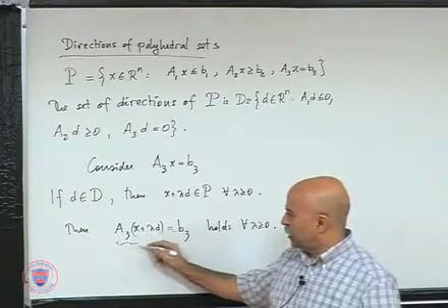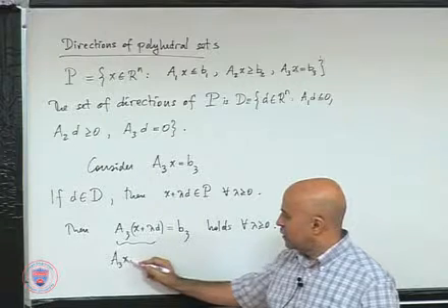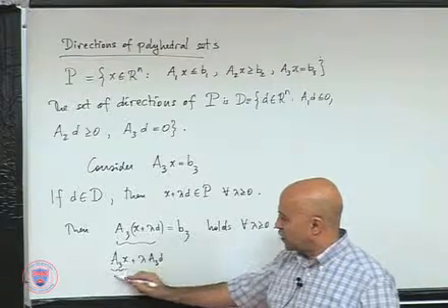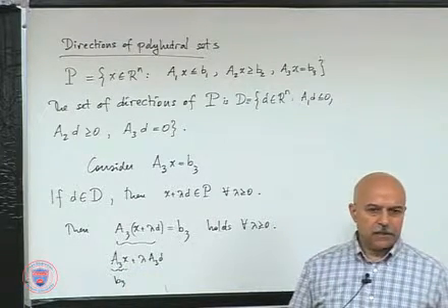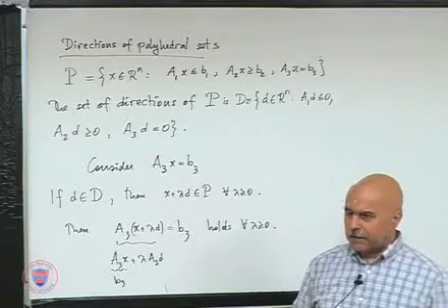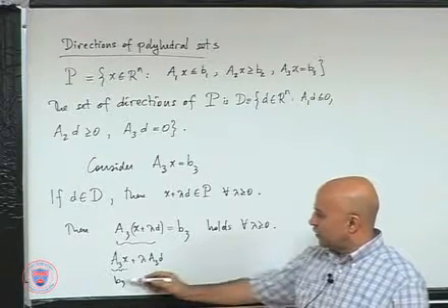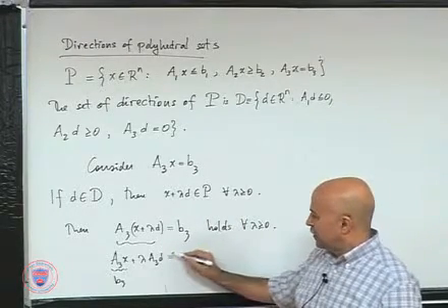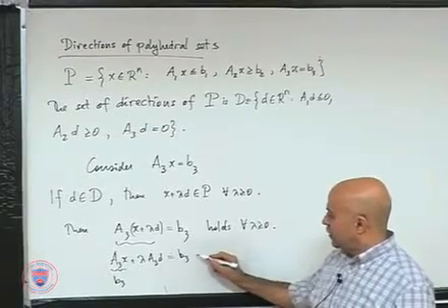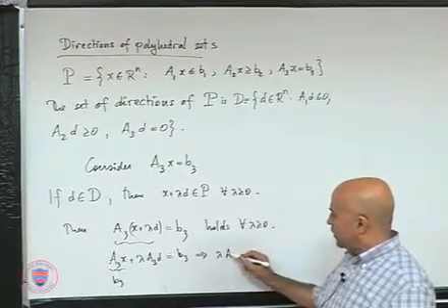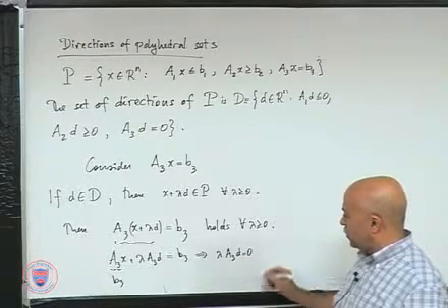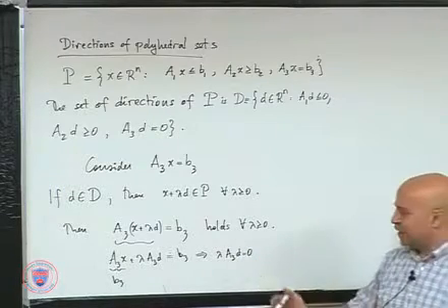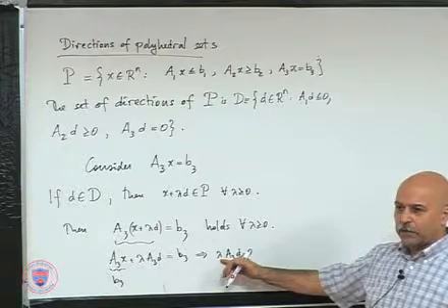But when you multiply this out, you get A3 x plus lambda times A3 d. But A3 x is already equal to B3 because x is in the polyhedral set, so B3 and B3 cancel. So from here, you have to have lambda times A3 times d equal to 0. Of course, lambda is a constant here. If it's 0, nothing happens, both sides are satisfied. But this should be satisfied for non-zero lambda.